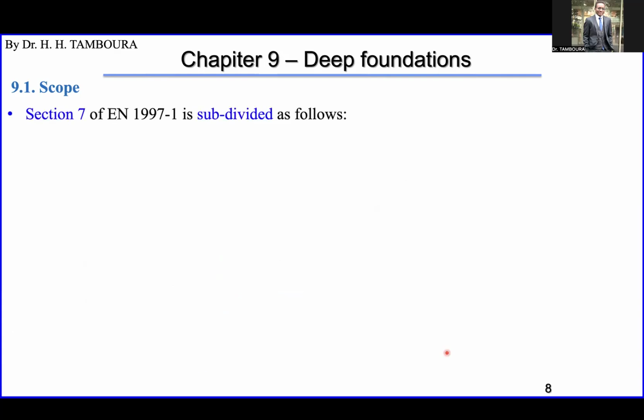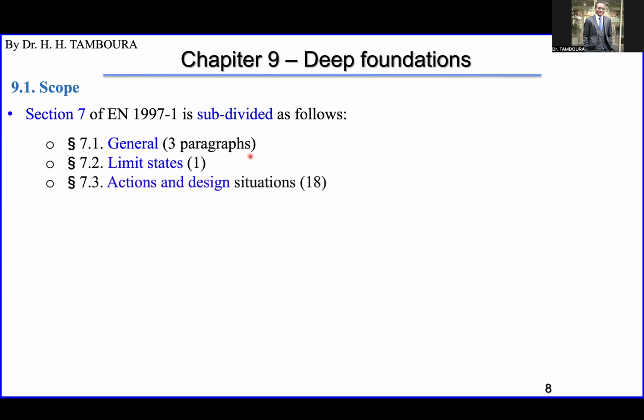Let's now talk about section 7 of Eurocode. We have the following subsections. The first one, 7.1, is general. It has 3 paragraphs. The second is limit states, only 1 paragraph.